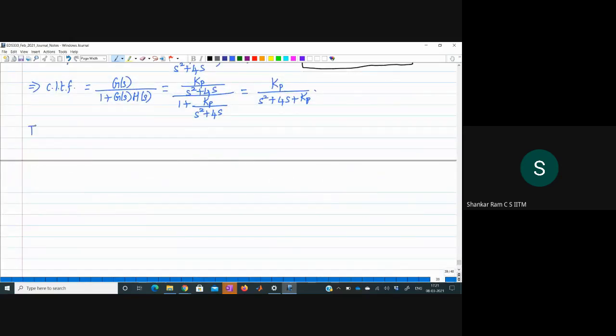So consequently, the closed loop characteristic equation is going to be, let me write it down, s squared plus 4s plus Kp is equal to 0. So when do you think the closed loop poles will both lie in the left half of the complex plane?